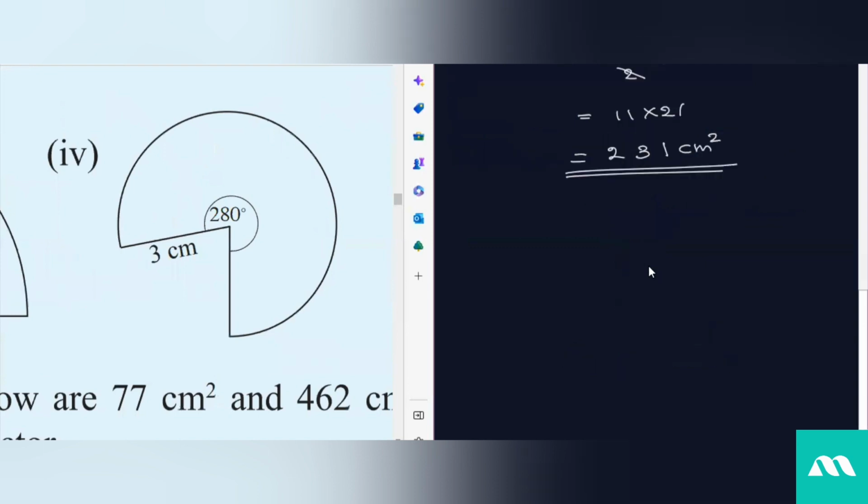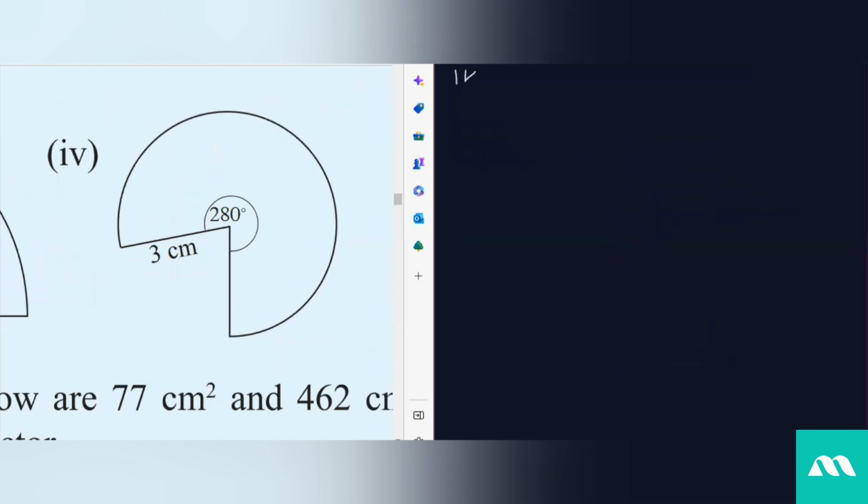Fourth question. Here correctly you have to identify the angle at the center. Angle at the center is in the circle. It is not outside of the circle.